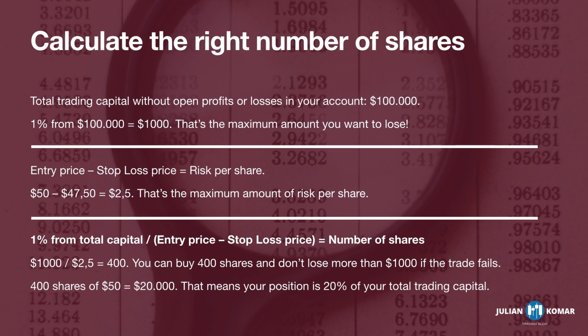And now you can see that we are able to trade a 20% position. So 20% from my 100,000 total trading capital. We can trade a 20% position and limit our risk to 1% of our total capital.